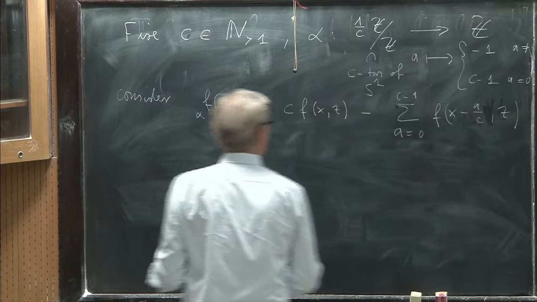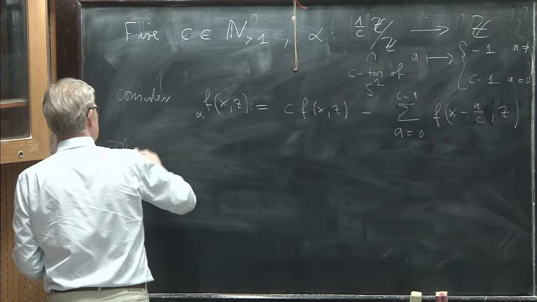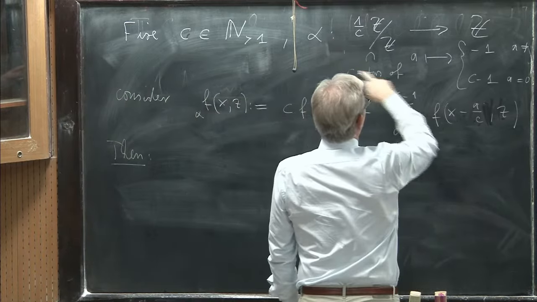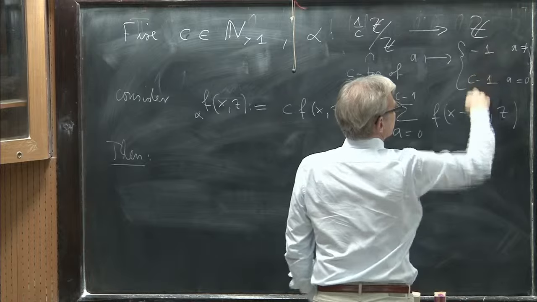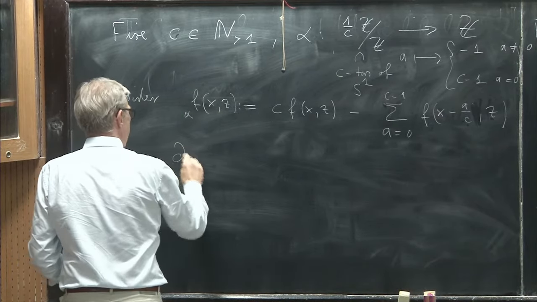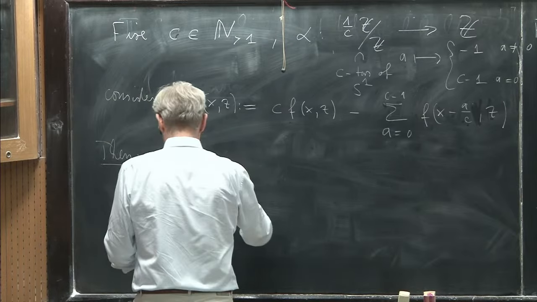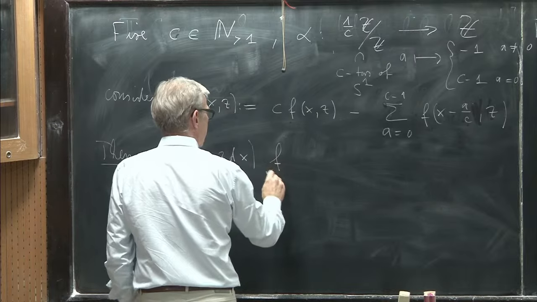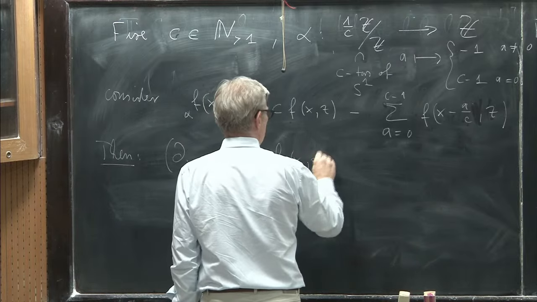Then if you do this, you observe that the sum over all alpha of a is exactly 0, and you get the following differential equation of this modified generating series.